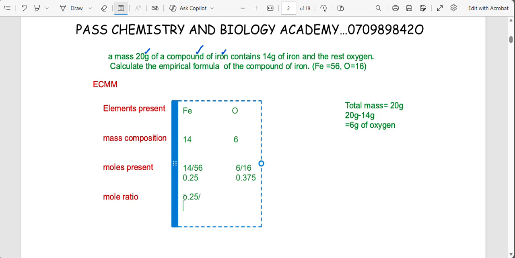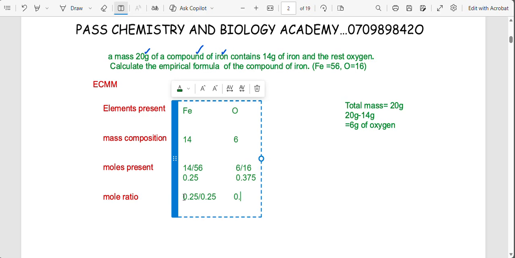Then we go to mole ratio. What do we do in mole ratio? You divide by the smallest of the two, 0.25 and 0.375. Which is the smallest? It is 0.25. Meaning on both sides we are going to divide by 0.25.